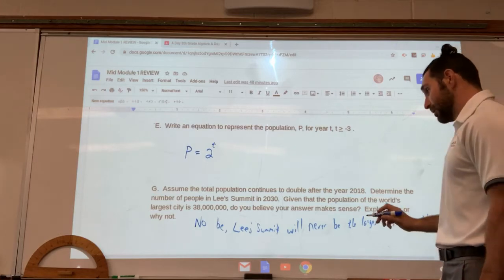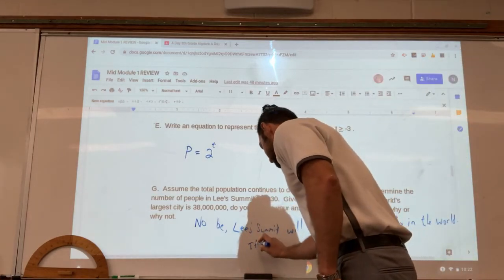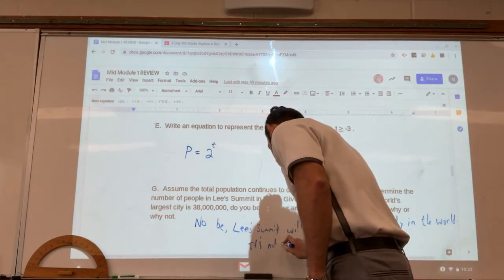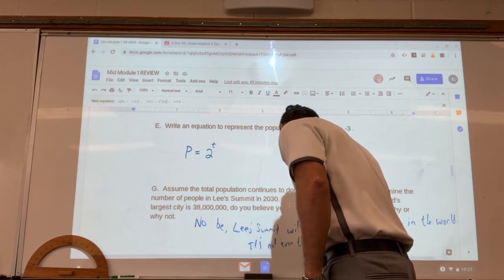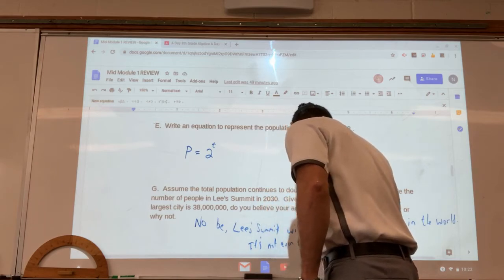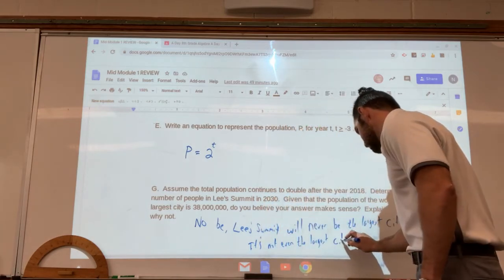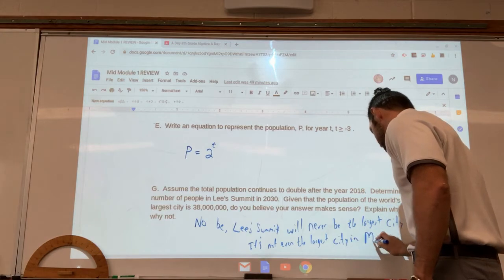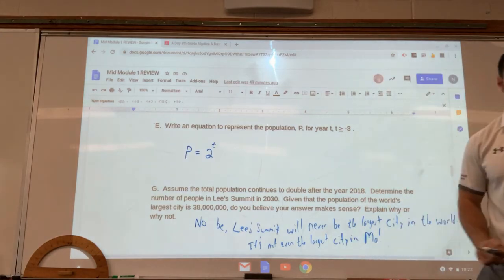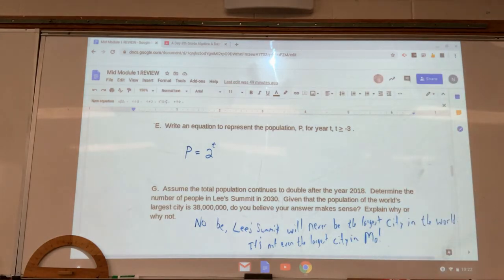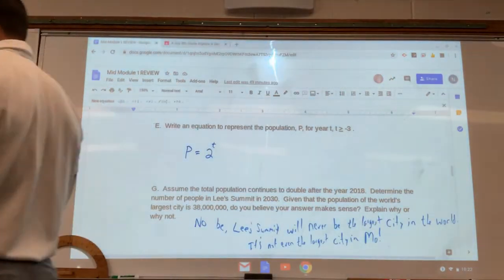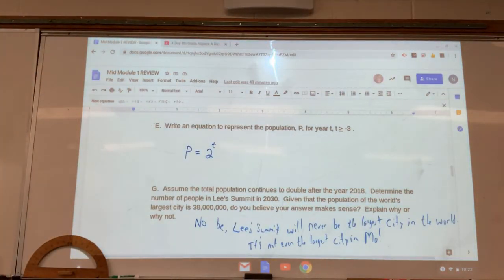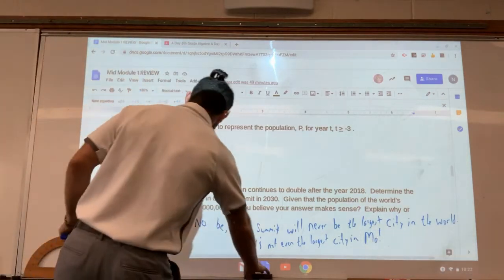And I can add on, it's not even the largest city in Missouri. So it just doesn't make sense. Okay? Sometimes in the math, you can do the math, but it might not always make sense. Questions, concerns? I hope not, because that's all there is. Okay, moving on.